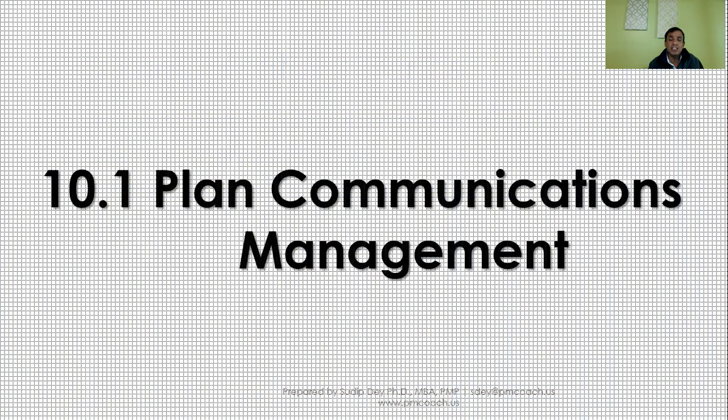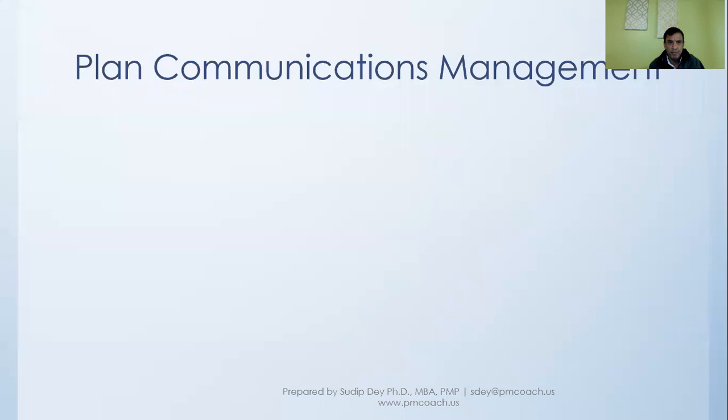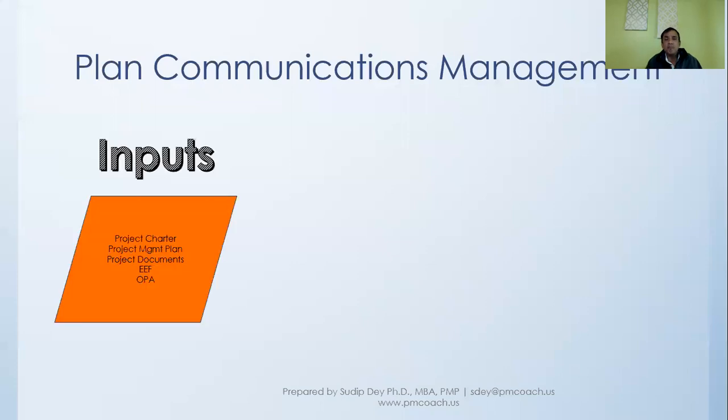So with that, let's start on with our first process, which is plan communications management. Now, the inputs that we take for this process are project charter, then project management plan, project documents, enterprise environmental factors, and organizational process assets.